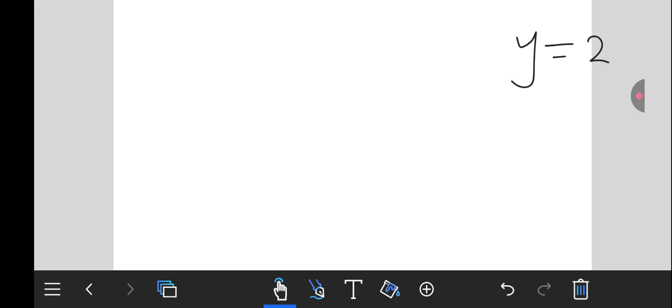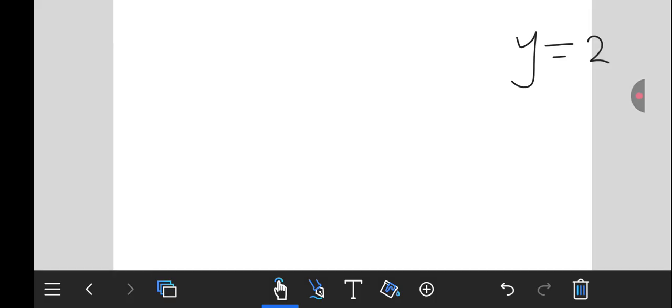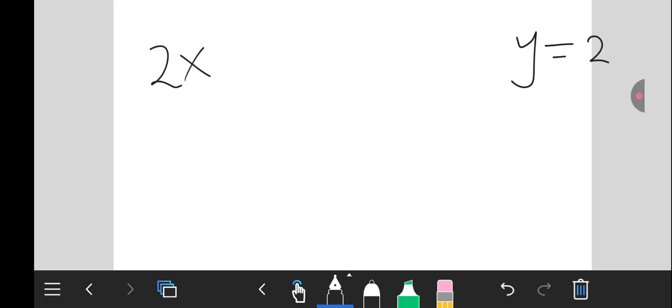How was the original question? You can get any of the equations. This time around, let's take equation 2, which is 2x plus 4y is equal to 10.